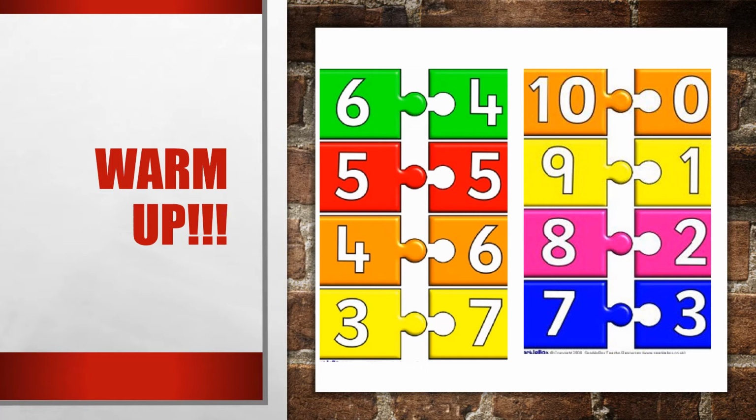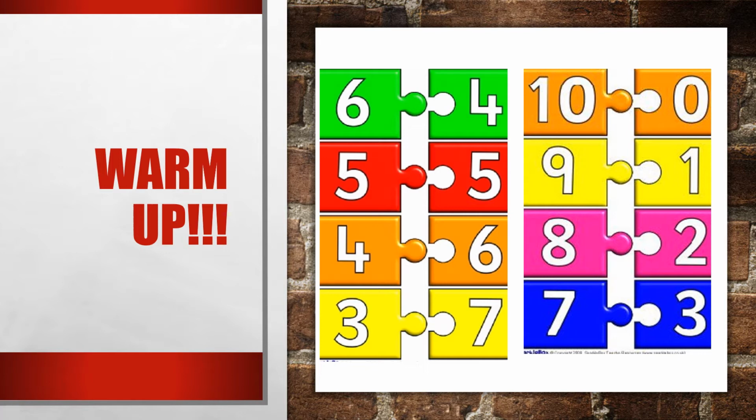So now let's see. As you can see here, we have 6 and 4. So 6 and 4 gives us what? 6 and 4 gives us 10. 5 and 5 gives us 10. 4 and 6 gives us 10. 3 and 7 gives us 10. 10 and 0 gives us 10. 9 and 1 gives us 10. 8 and 2 gives us 10.